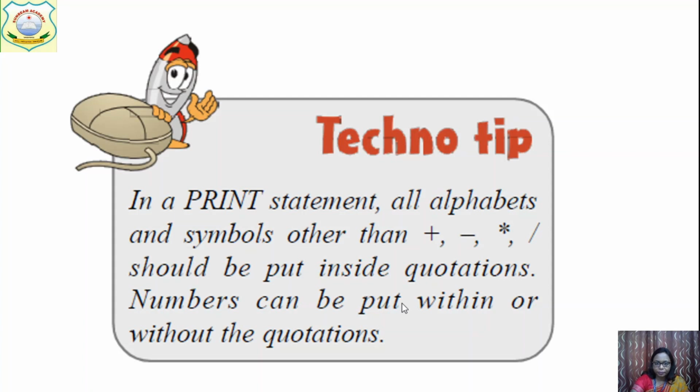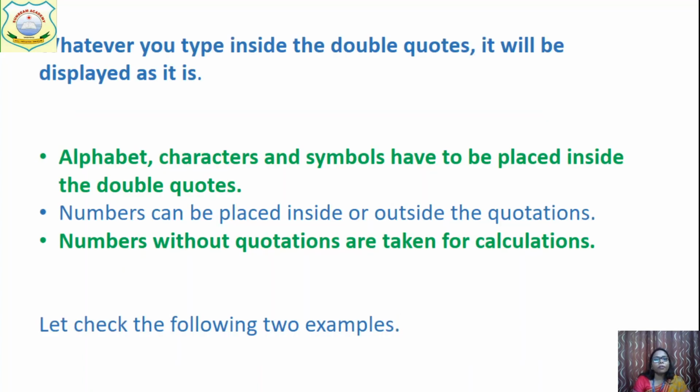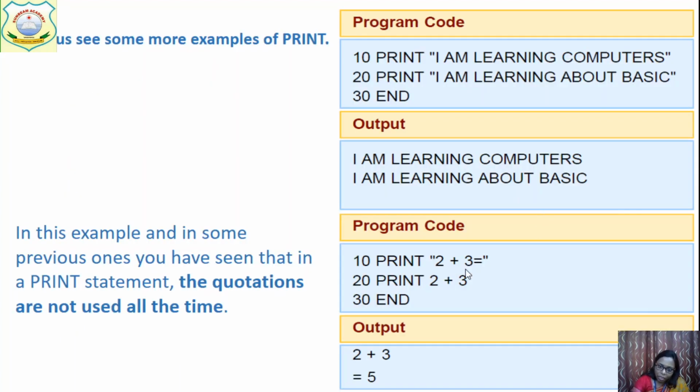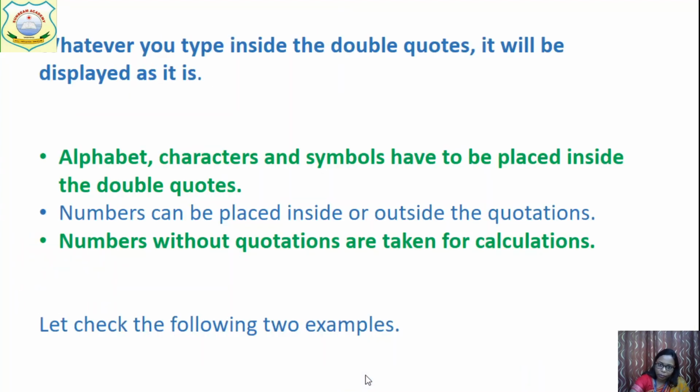Okay, now whatever you type inside the double quotes, it will be displayed as it is. See, in this example, whatever you write in between double quotes, it is displayed as it is. Now, अब number can be placed inside or outside the quotation.